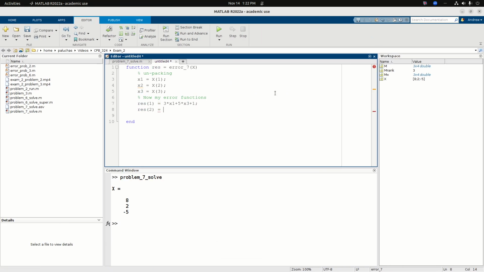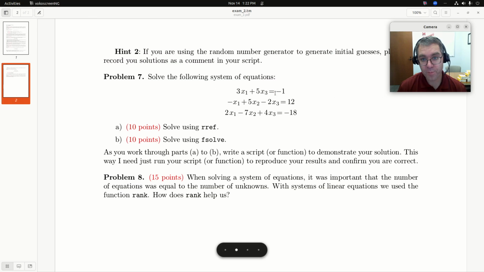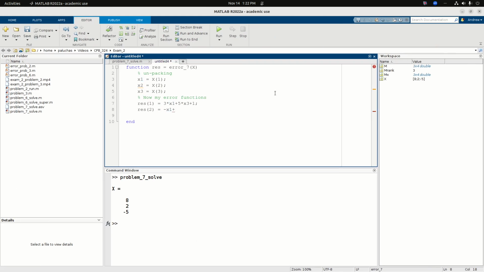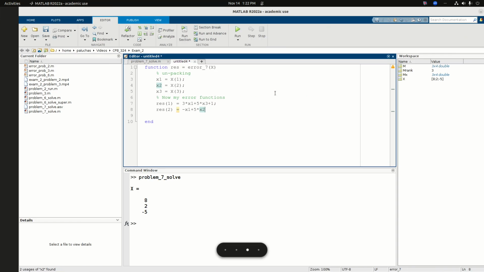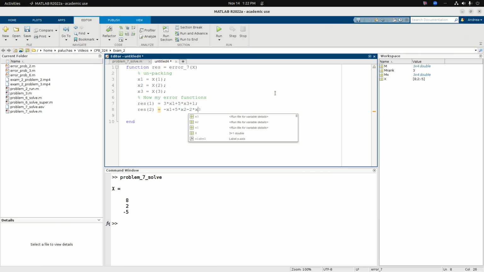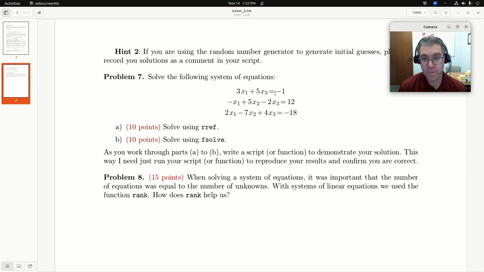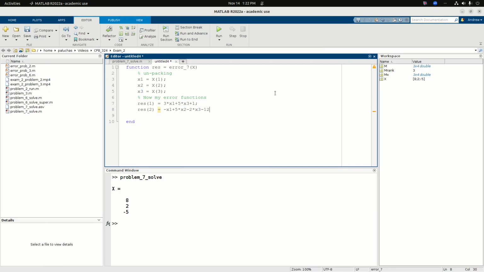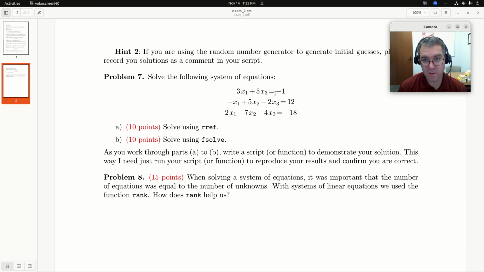Res 2 is going to be negative x1 plus 5 x2 minus 2 times x3 minus 12. So I bring that over to the left hand side.